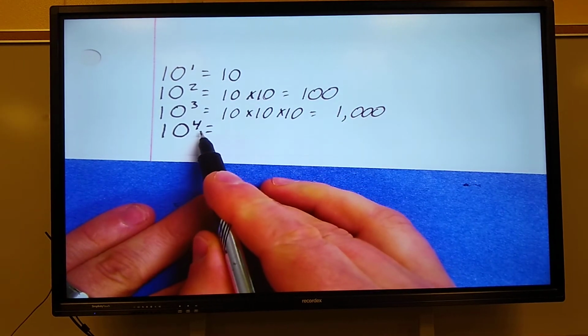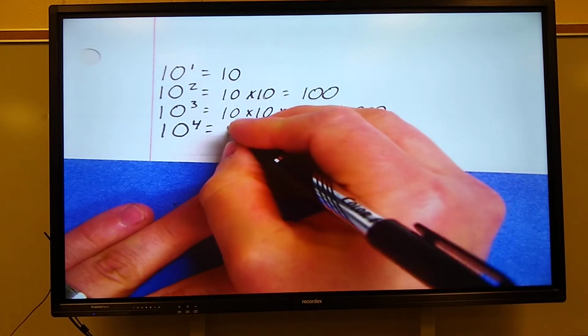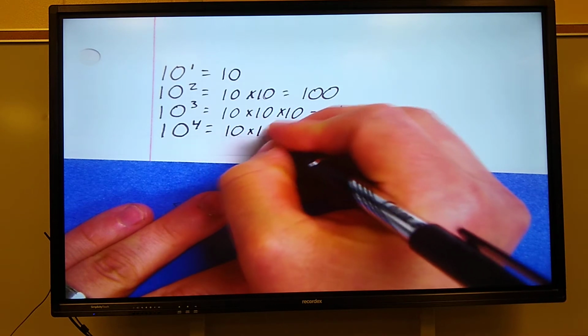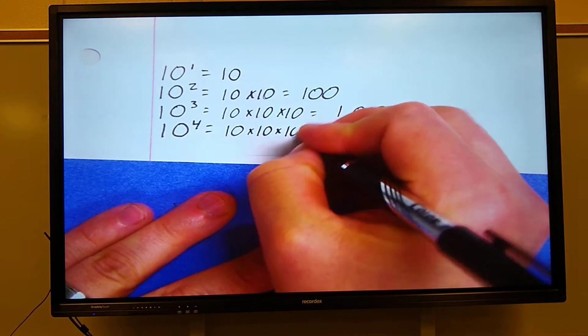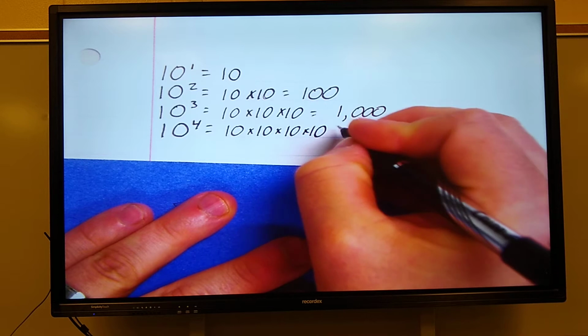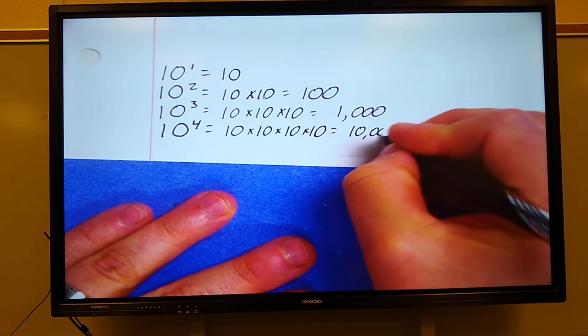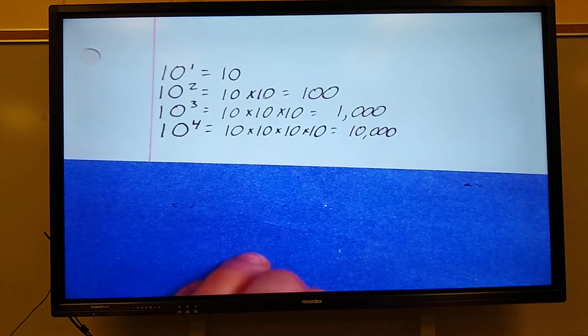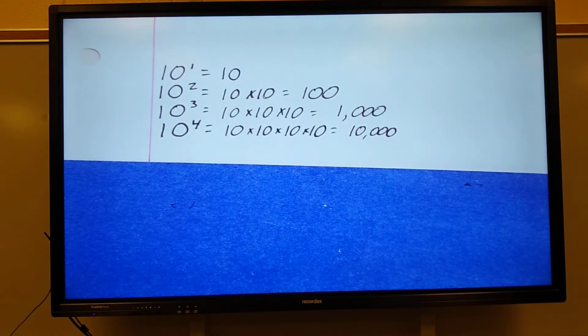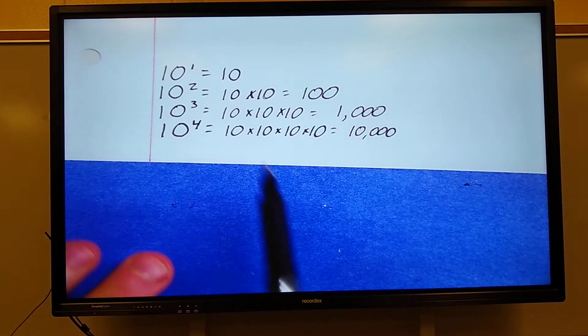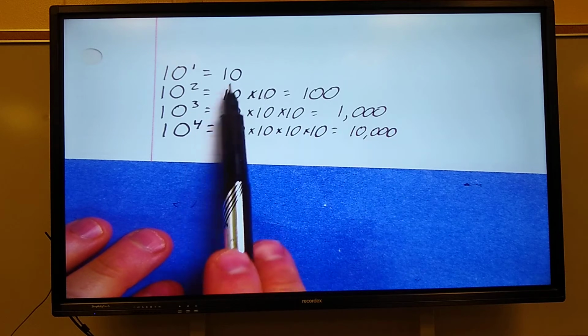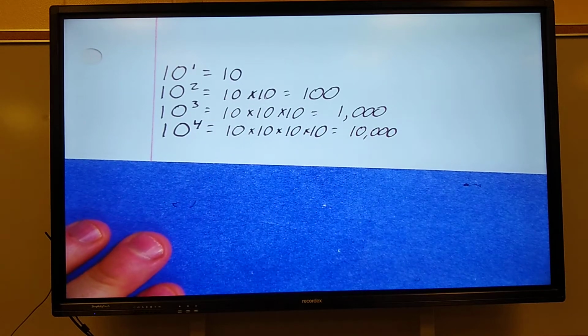And 10 to the fourth power equals 10 times 10 times 10 times 10, which equals 10,000. There you have it. Easy, easy, easy. Each of these exponents tells you how many zeros there are. It is always a good, helpful hint.